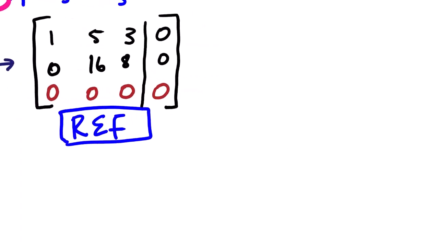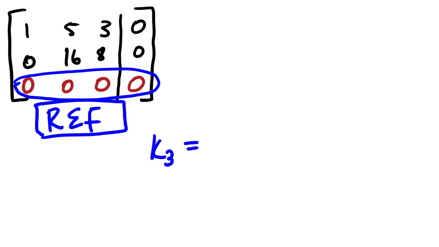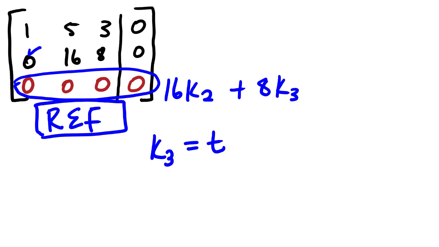Now from here we can simply conclude that the value of k3, since we have all zeros in R3, will be a free variable, which is t, or you can say k3 equals x, any variable is fine. And then for k2, we are going to back substitute.